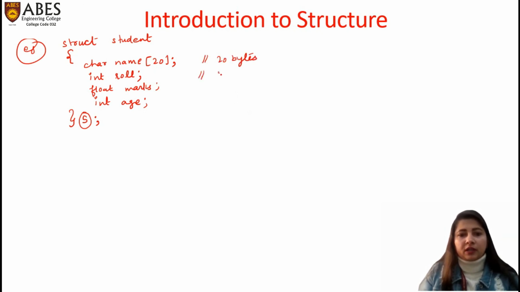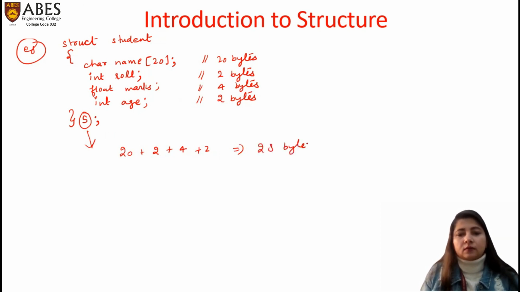Roll will occupy 2 bytes. Then float marks will occupy 4 bytes. And age will also occupy 2 bytes. So the total memory allocated to this structure variable S would be 20 plus 2 plus 4 plus 2, that is 28 bytes.